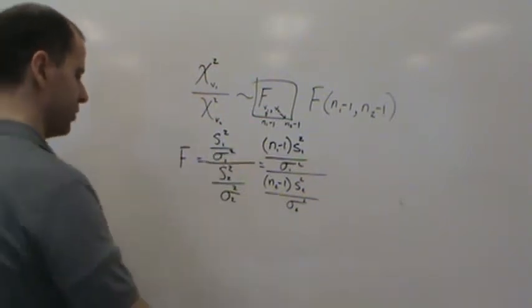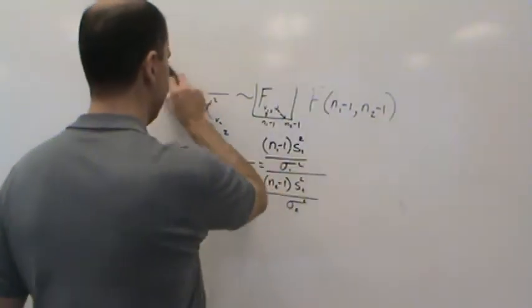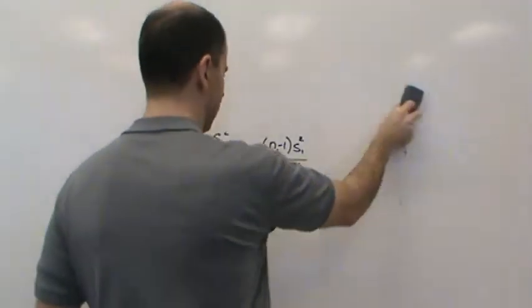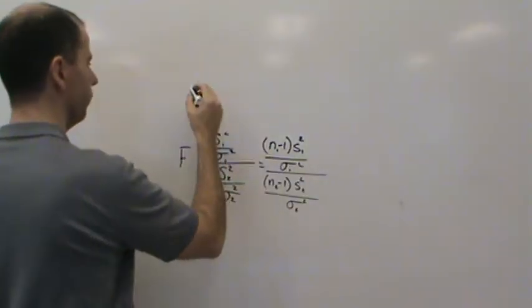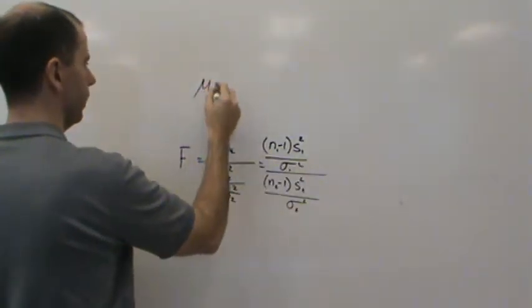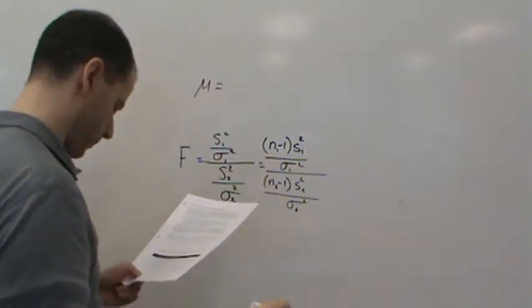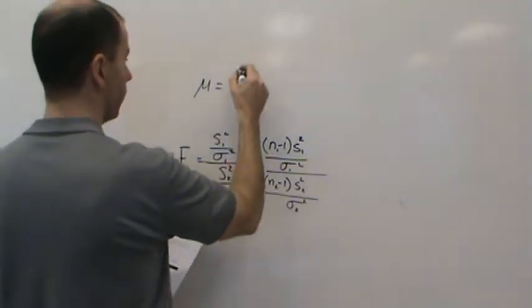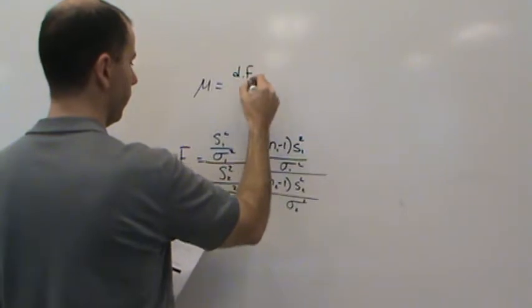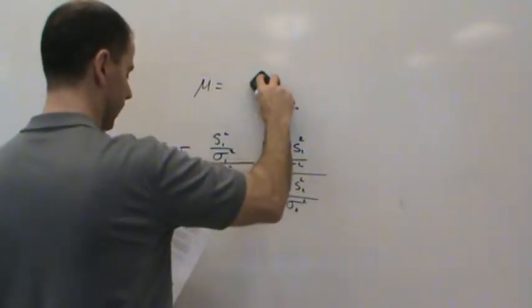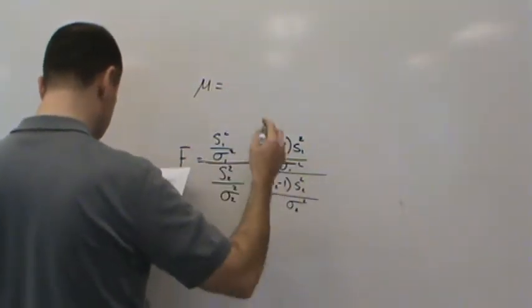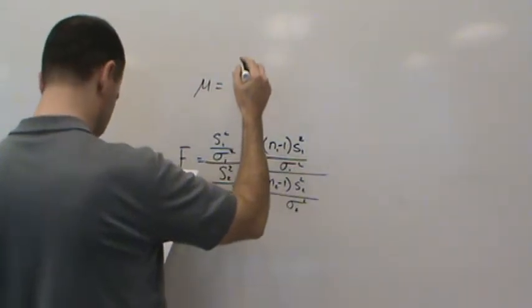Also, this is interesting to note as well. The mean of the distribution, mu, is equal to the degrees of freedom of the denominator divided by the degrees of freedom of the denominator minus 1.